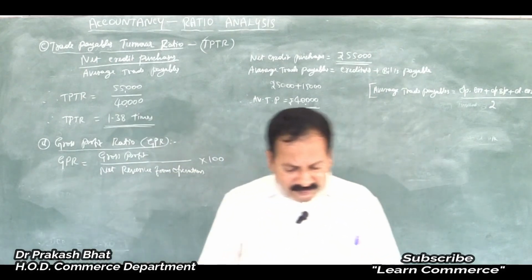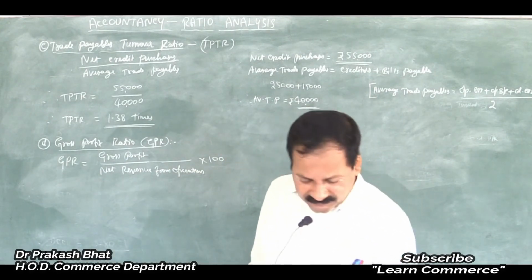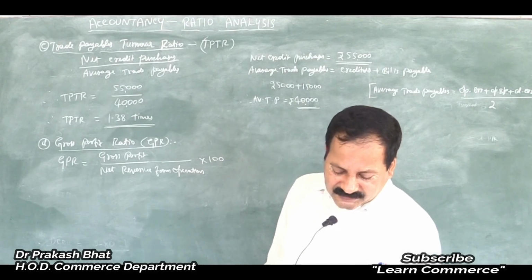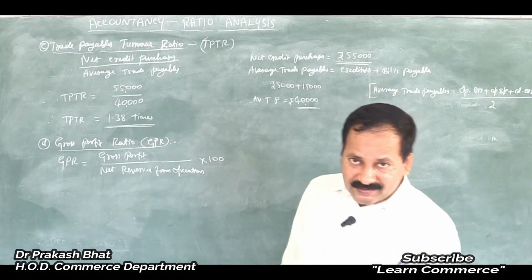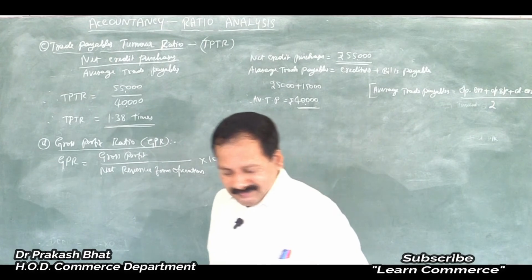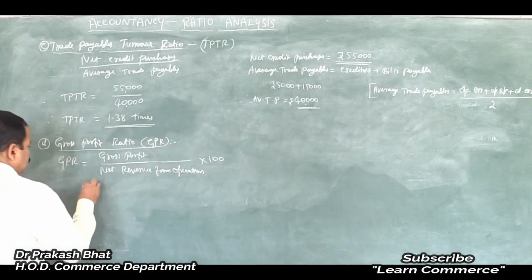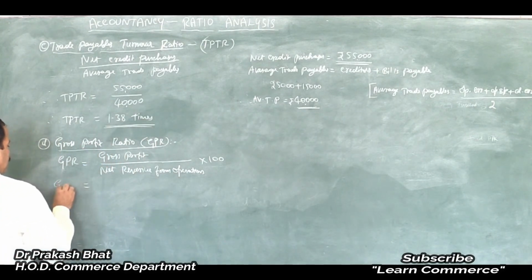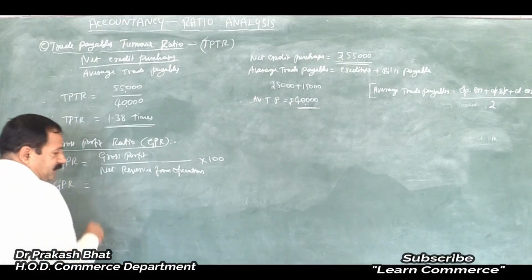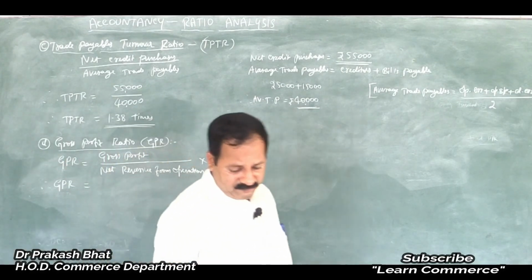Now substitute the figures. You have both figures in your hand, isn't it? Net revenue from operations is there with you, that is 1 lakh. There are no returns, so it itself is the net amount. Then gross profit you have 50,000. Therefore, GPR is equal to gross profit is how much? 50,000. Is it correct?